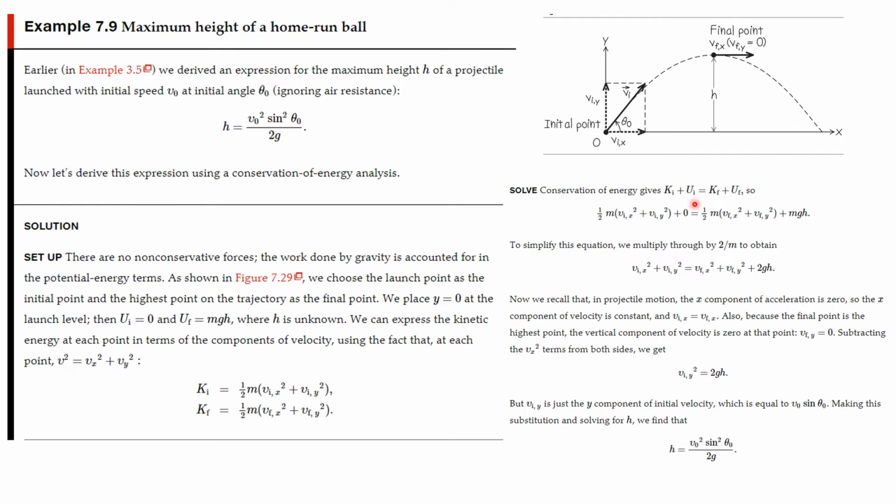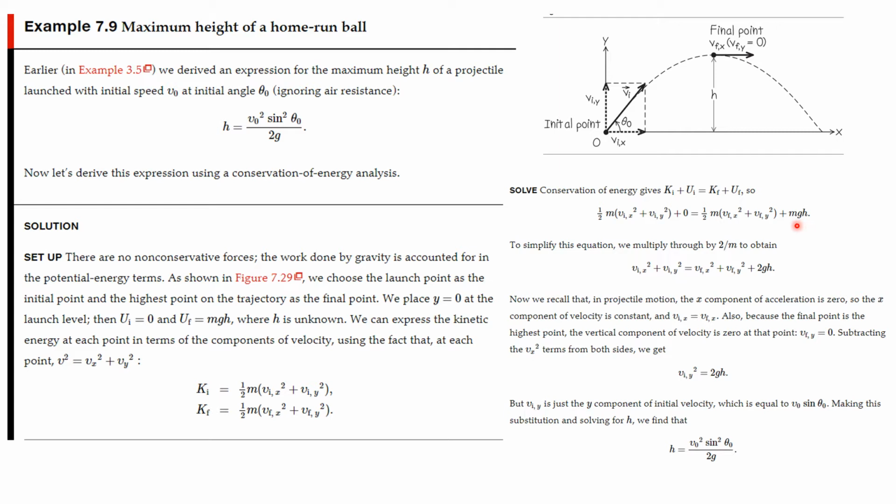Okay, so what we're going to do is say that conservation of energy tells us that the kinetic energy plus the potential energy is equal to the final kinetic energy plus the final potential energy. So this energy, which was 0 at the outset, is equal to this. Now it turns out that we can simplify this equation.